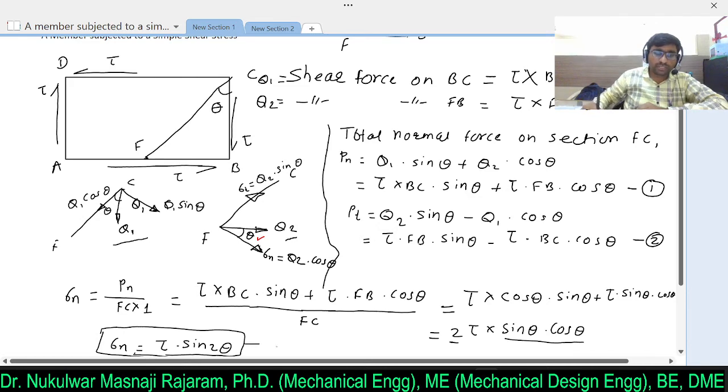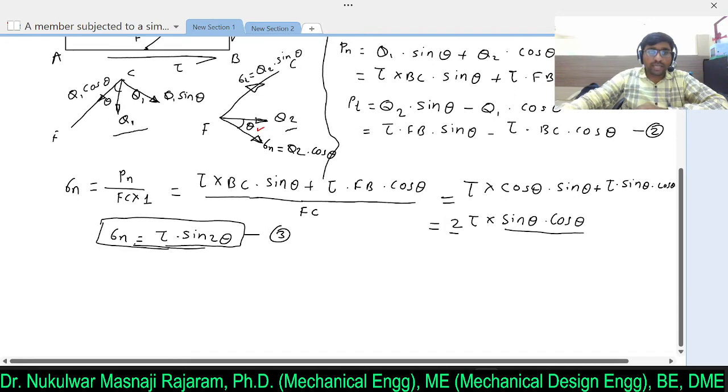So from this we get the final result, that is normal stress acting on FC plane: sigma n is equal to tau into sine of 2 theta.